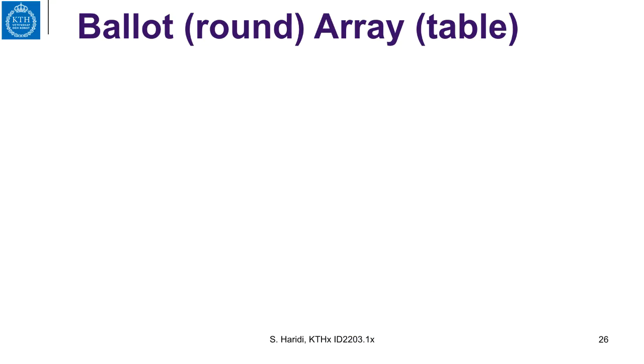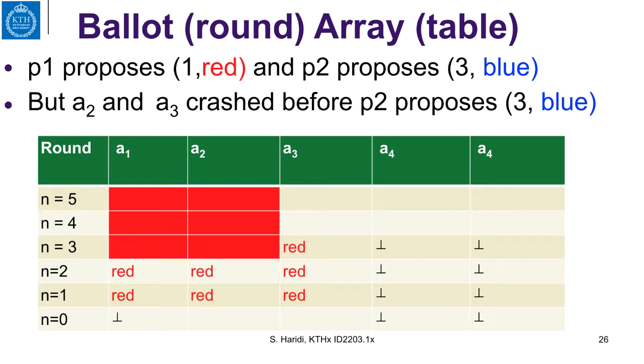So let us see this in the ballot array representation. In the ballot array representation, we have the following situation. We are at round 3. At round 2, the red value was chosen.